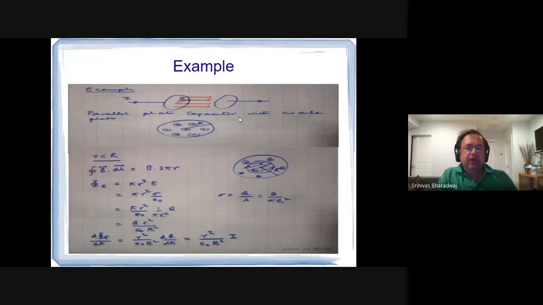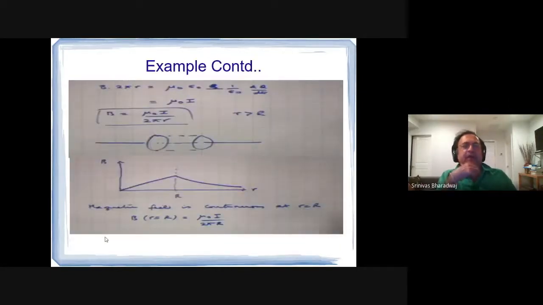Using that, you end up with d phi by dt in terms of r squared by epsilon naught. Where did you last see phi E? In Gauss's law. Gauss's law deals with E dot dA equals Q by epsilon. That is the idea behind this: they add a second term to facilitate the displacement current.